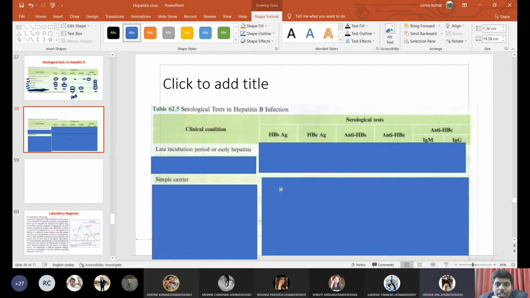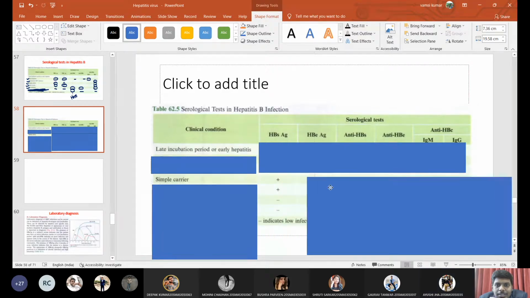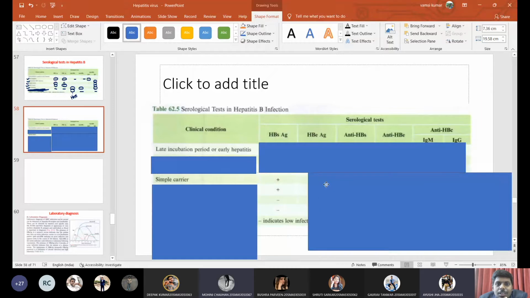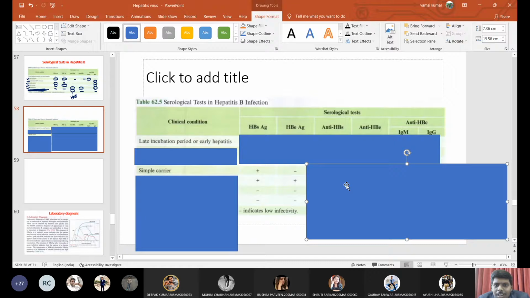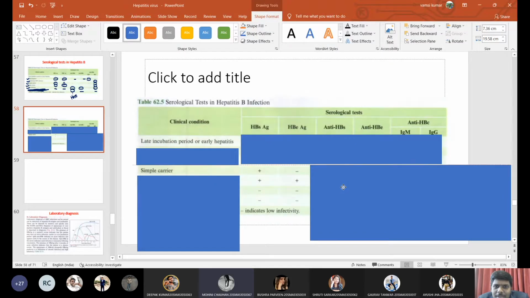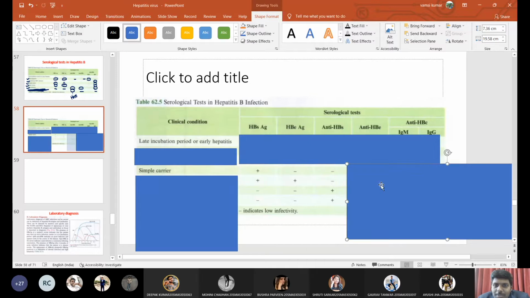Very good. What about envelope antigen? Negative, not present. Very good. Then what about S antibody? Negative. Because if they have S antibody, they may not be a carrier; they're already immunized.